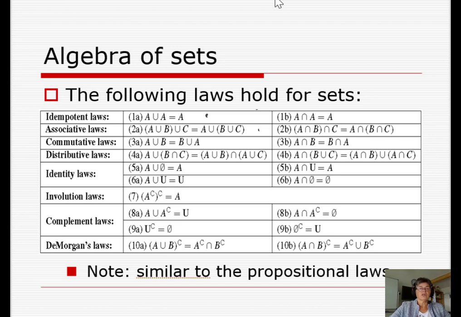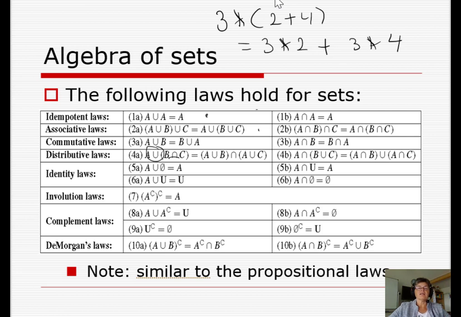So I could also say 3 times 2 plus 4 is the same as 3 times 2 plus 3 times 4. And this thing you're now applying is called, in an expensive word, the distributive law. And it applies to having a union first and an intersection between brackets, as well as an intersection first and a union between brackets. So the distributive law applies both ways.